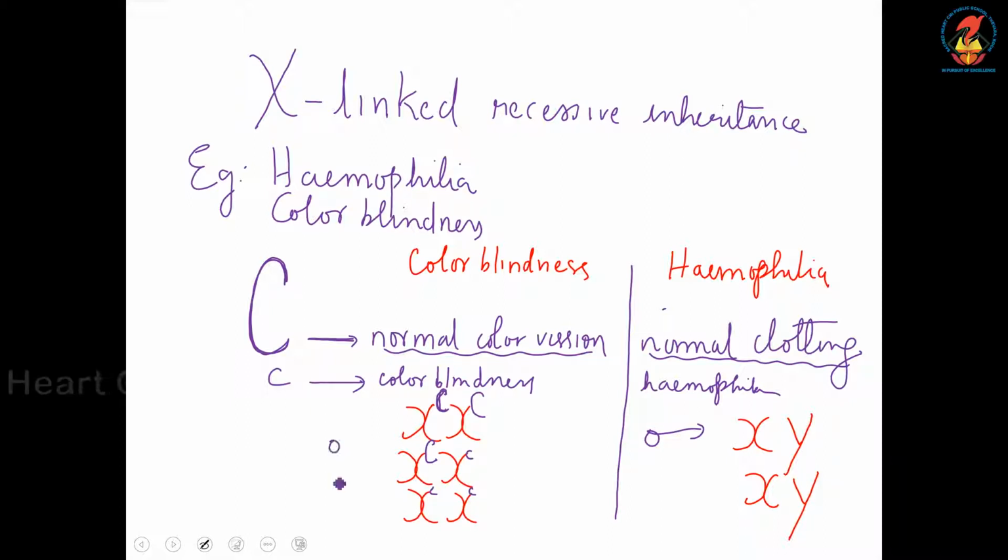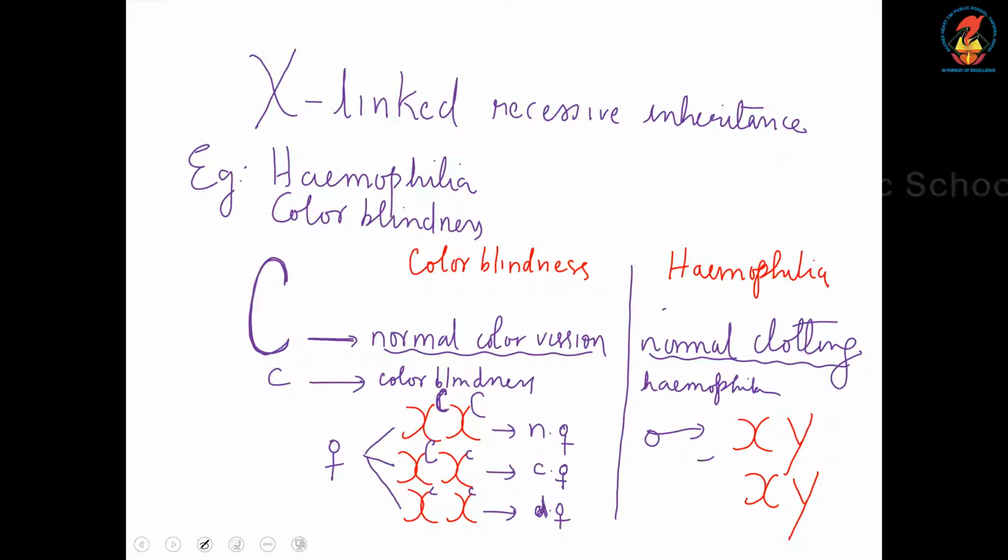Now, these are the options for female. There are three options. X capital C, X capital C stands for normal female. X capital C, X small c stands for a normal female, but she is a carrier female, and X small c, X small c, the defective female. If it is hemophilia, it's the defect, or if it is color blindness, it's a case of color blindness.